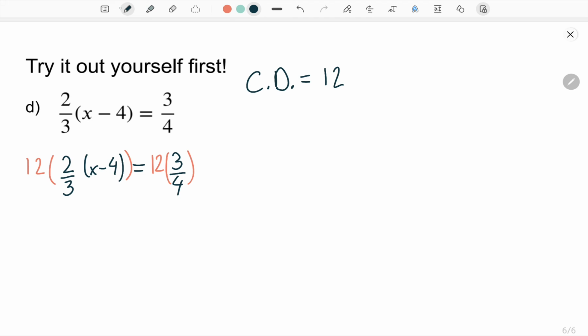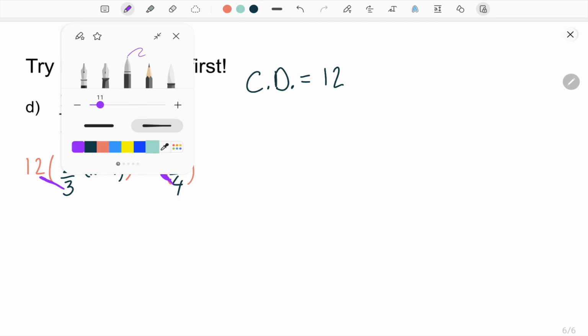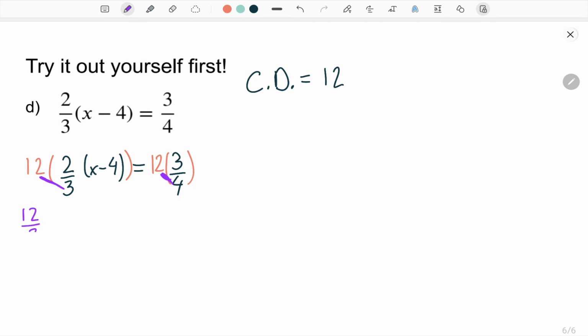Okay, and let's do what we did last time. Let's take that number, 12, and divide it by what's in the denominator. So you have 12 divided by 3, which is going to give you 4. And on the other side, you have 12 divided by 4, which will just give you the opposite, 3 there. Okay, so with that number, we now turn that into multiplication.